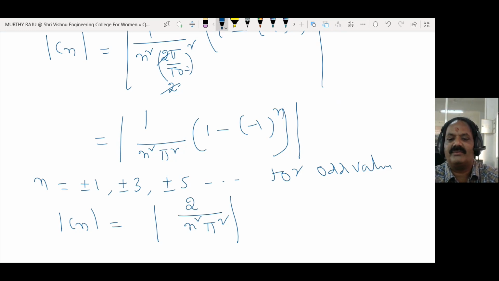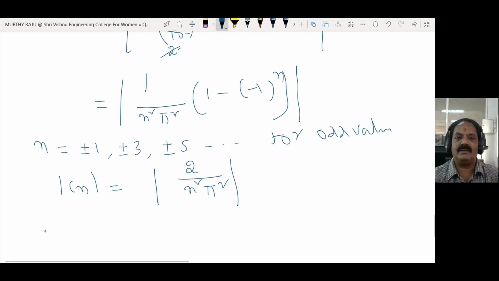For even values of n, n is equal to 0 is not considered. Plus or minus 2, plus or minus 4, plus or minus 6.